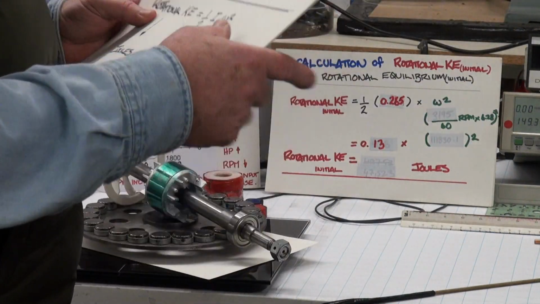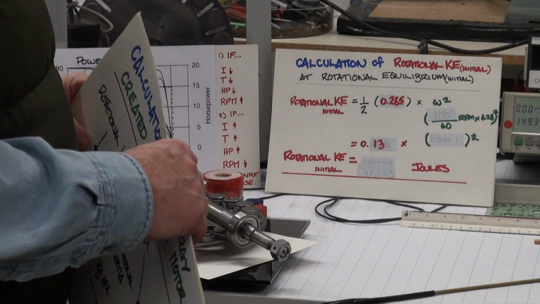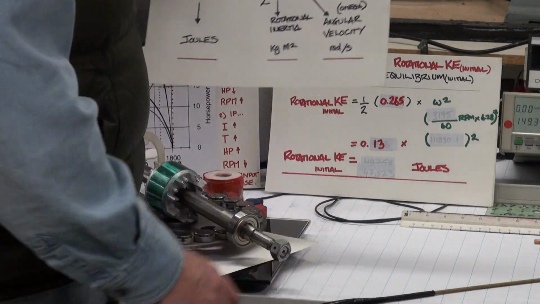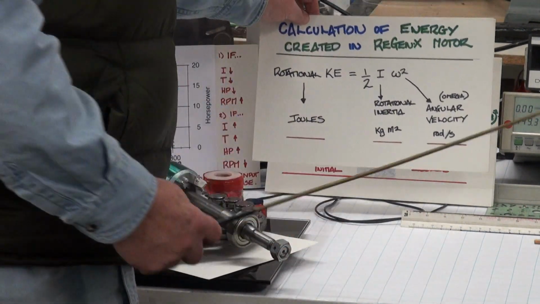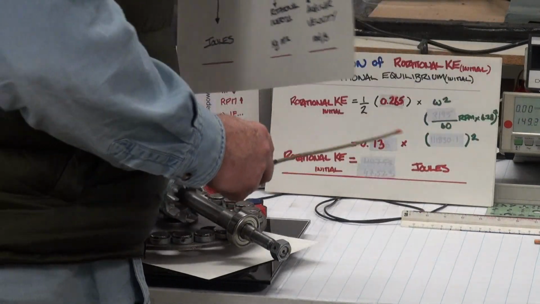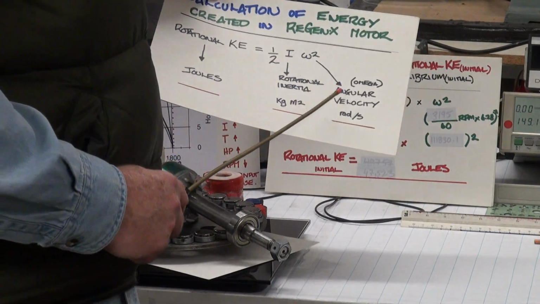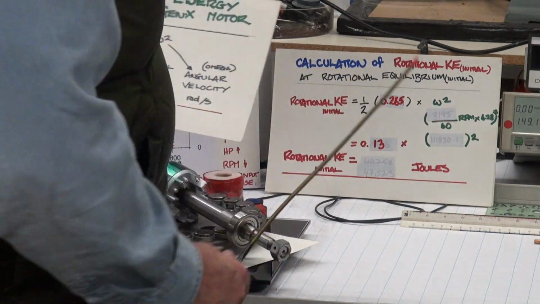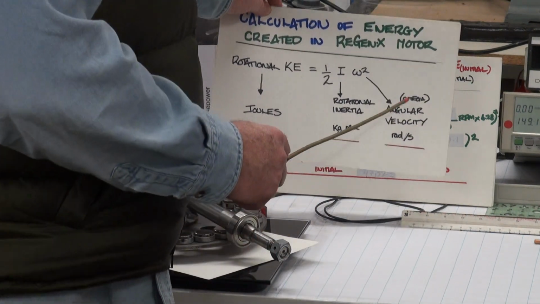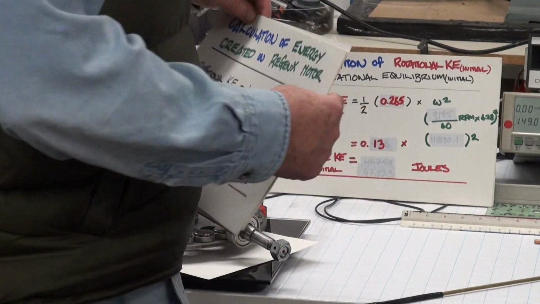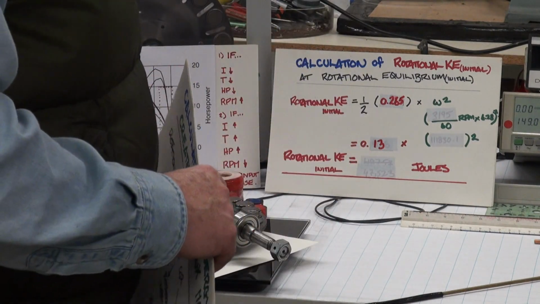Since we know what our rotational inertia is, we just need to figure out what our angular velocity is dependent on the RPM of the system.